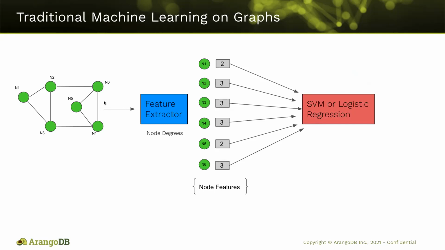We start by extracting some graph statistics or features, for example node degrees, clustering coefficient, DeepWalk features, Laplacian matrices, etc. In this case, we are extracting the node degrees from this graph. Once these node degrees are extracted, we can use them as input to our machine learning classifier, for example SVM or logistic regression.